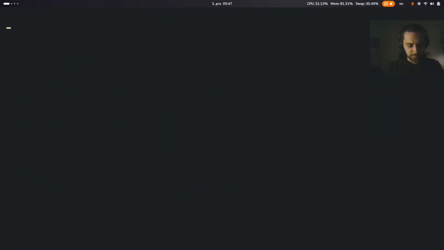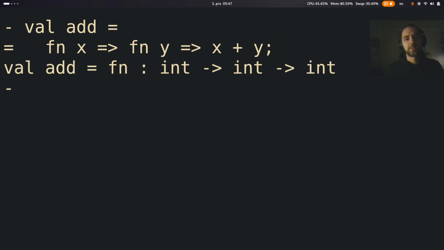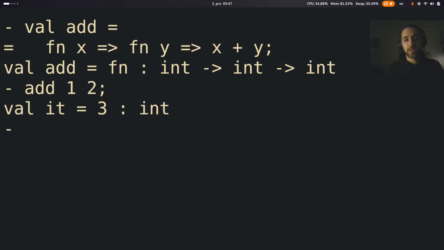So that's the idea of what I was kind of trying to say. Like val add, okay, val add fn of x, right, fn of y, x plus y, right? So this is the add function, and then add 1 and 2, we get a 3. And let's do it again. Val k equals fn of x, same thing, fn of y.